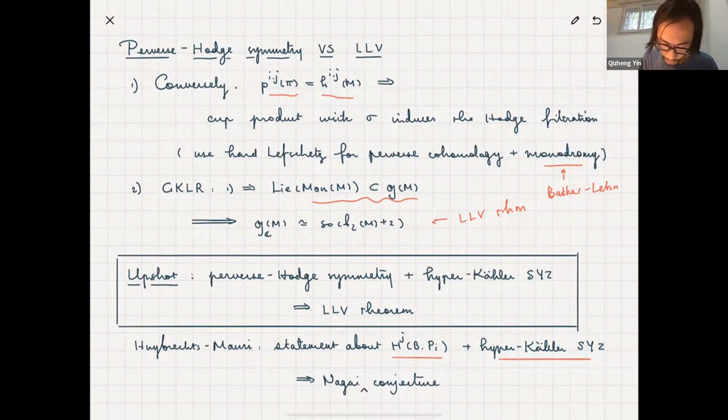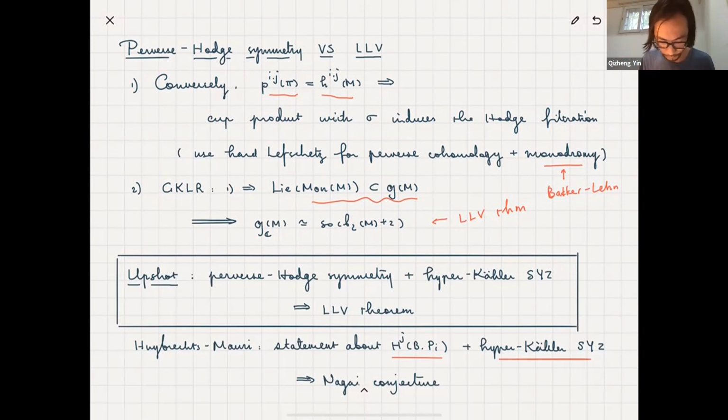The precise statement involves the Hodge structure of the cohomology of the perverse sheaves, and then it becomes a purely algebraic statement that you want to solve about the cohomology of certain perverse sheaves.